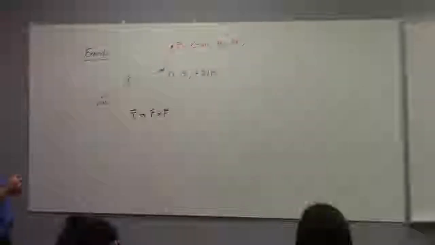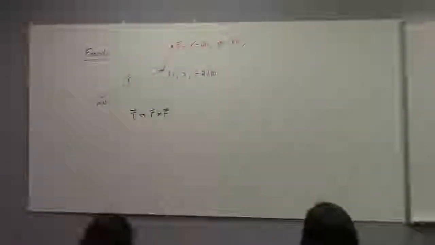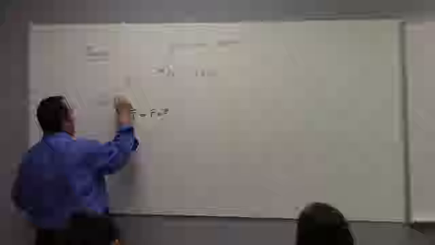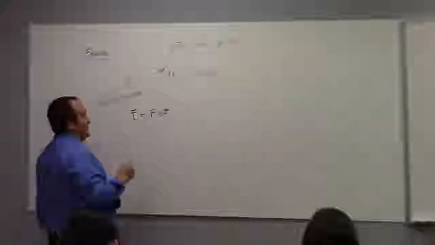So what is R? I guess I need to tell you where the pivot point is. Where do you guys want to make the pivot point? I didn't label that point yet. What do you want to put the coordinates on the pivot point to be? 10, 20, 30? All right. So what's R equal to then?